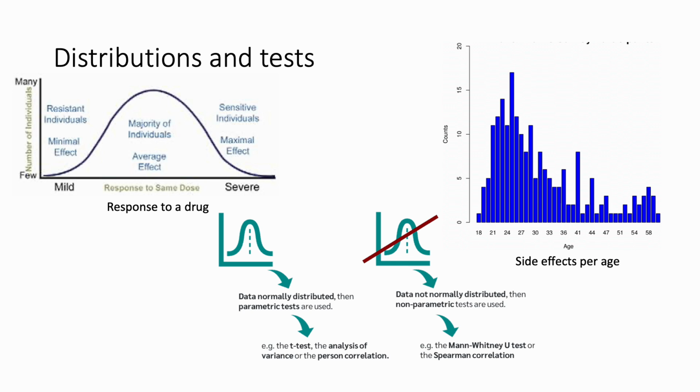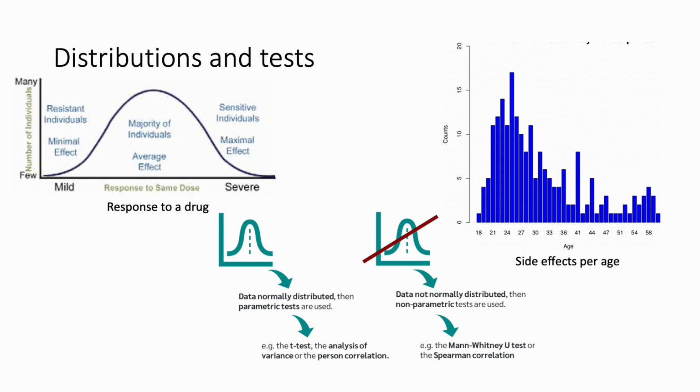So with normal distributions, we look at the frequencies, and if we have a bell-shaped curve, we see that this is a normal distribution. Hence, we need to use tests that we call parametric tests in order to test our hypothesis. Examples of those tests are the student t-test, analysis of variance or ANOVA, or the Pearson correlation.